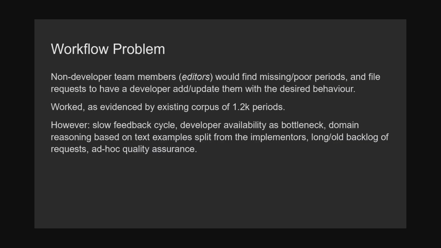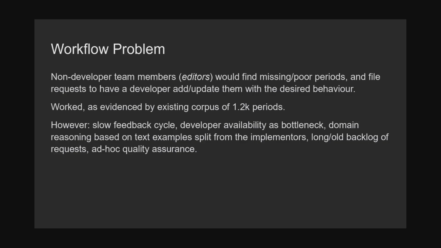And 2 years ago, when we started this whole "let's make a DSL" thing, the state of the workflow was that non-developer team members, let's call them editors, looking through documents and such, would find missing or poor periods. They would file requests to have a developer add or update with the desired behavior.